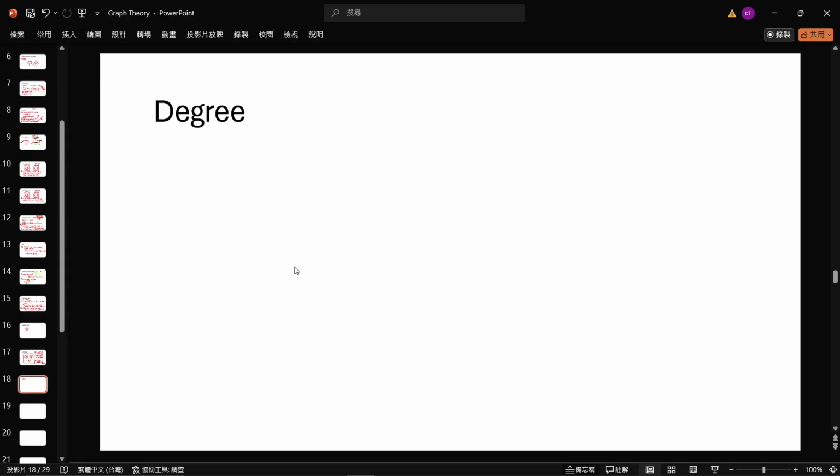Once again, a definition: degree. We can count the number of neighbors for every vertex.